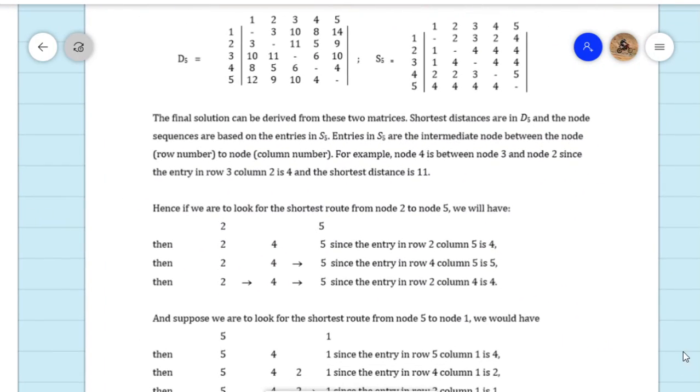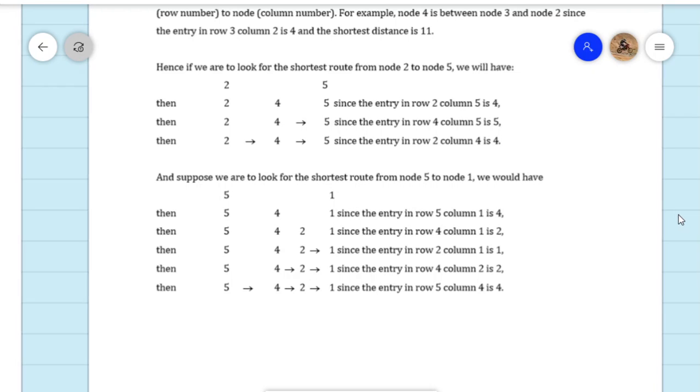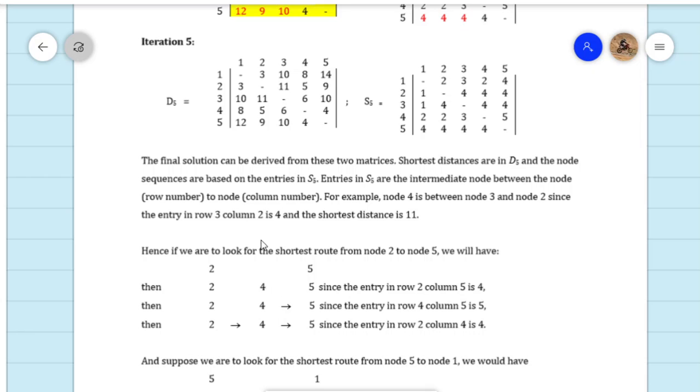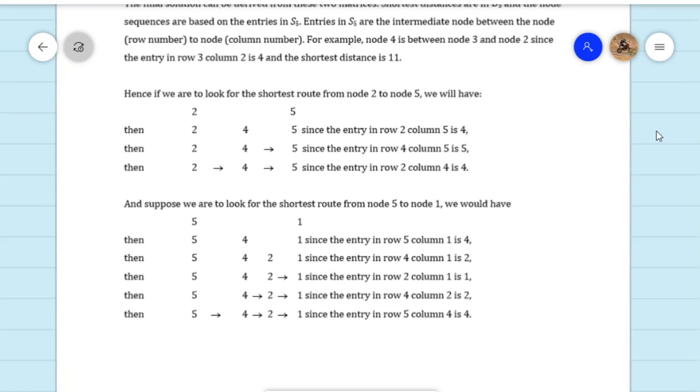Okay, let's try another. So suppose we are to look for the shortest route from 5 to 1. Based on the distance matrix, the shortest distance from 5 to 1, meaning row 5, column 1, is 12. But what is the route?